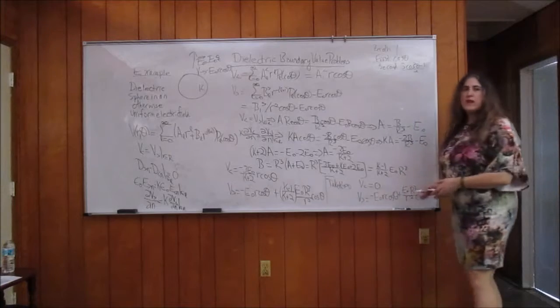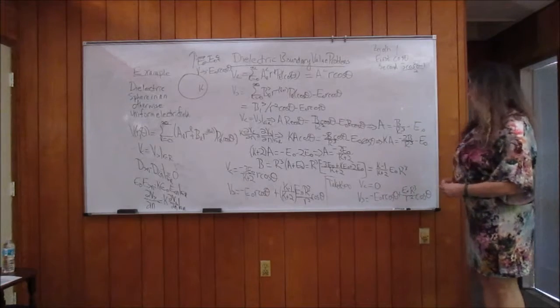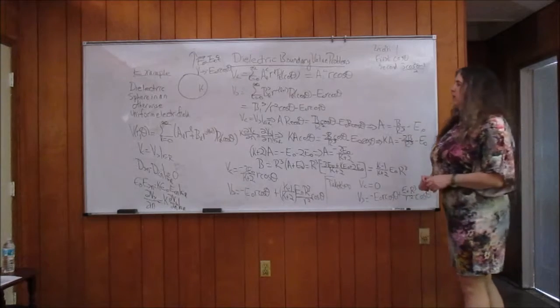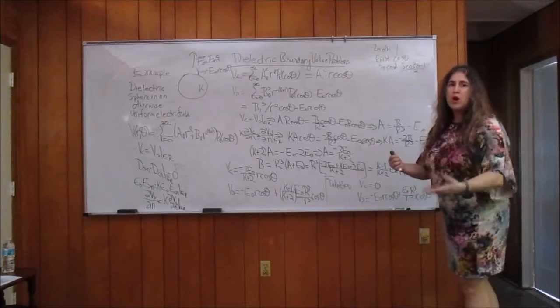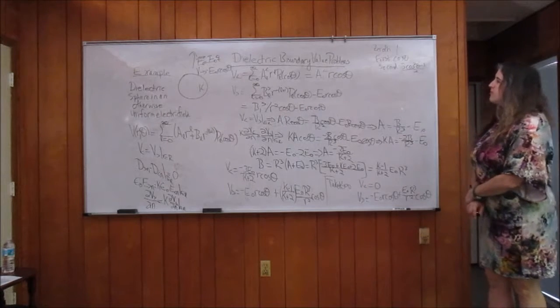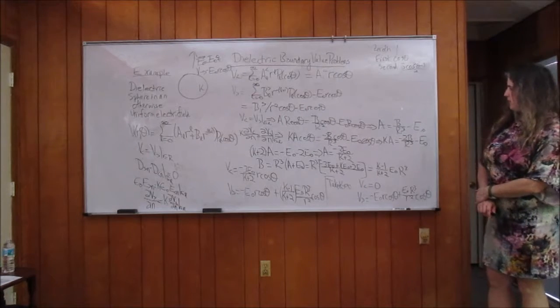So you can see that in the limit of a very large K, the solution goes over to that of a grounded conducting sphere in an otherwise uniform electric field. Okay? And I'll just leave it up there for a minute.